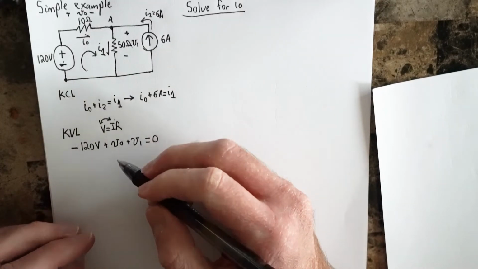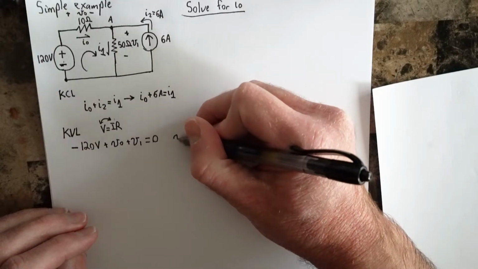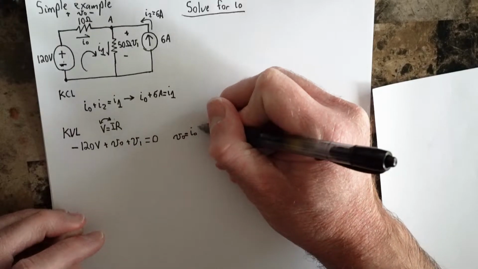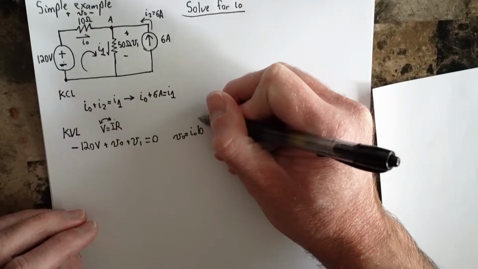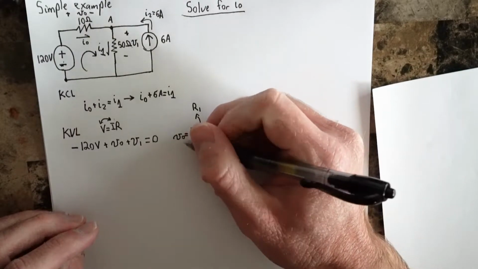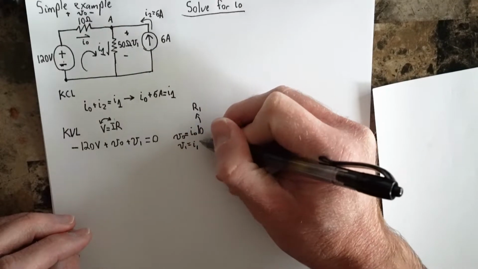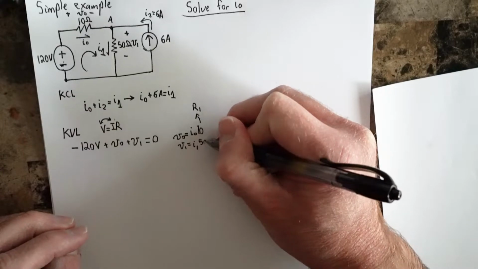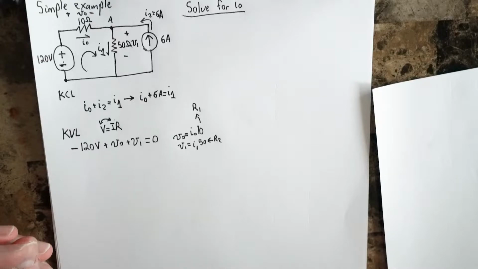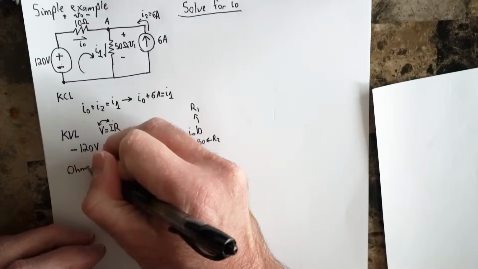Now let's go ahead and rearrange some things using Ohm's law, noting that V0 is simply I0 times 10, and 10 is our resistor 1 value. Likewise, V1 is just equal to I1 times 50, where 50 is our second resistor value. Okay? Cool. So let's go ahead and plug this all in by Ohm's law.